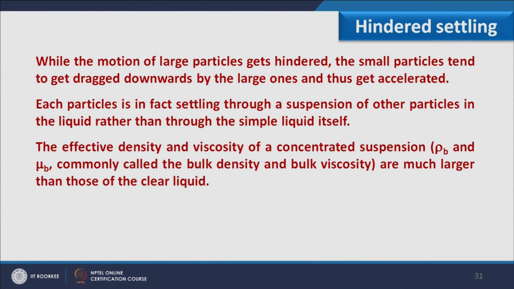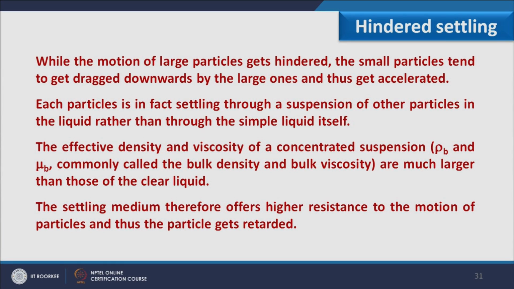And in that case, the effective density and viscosity of the concentrated suspension, that is rho b and mu b, which we commonly call the bulk density and bulk viscosity, are much larger than those of the clear liquid. So when we are deriving the expression of hindered settling, we can consider rho b and mu b instead of rho f and mu f.